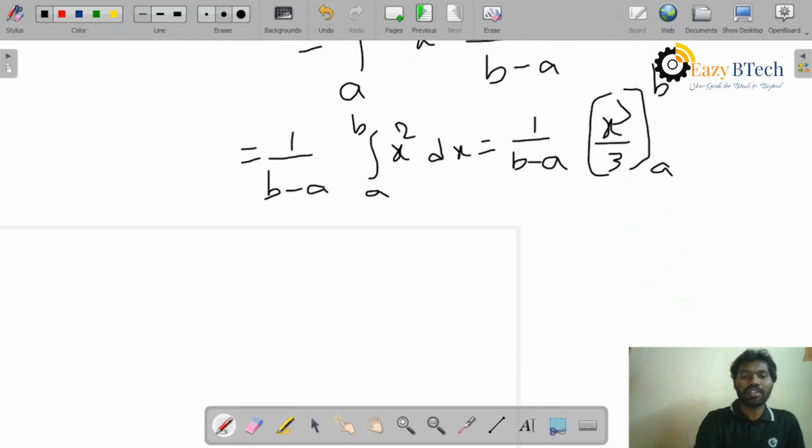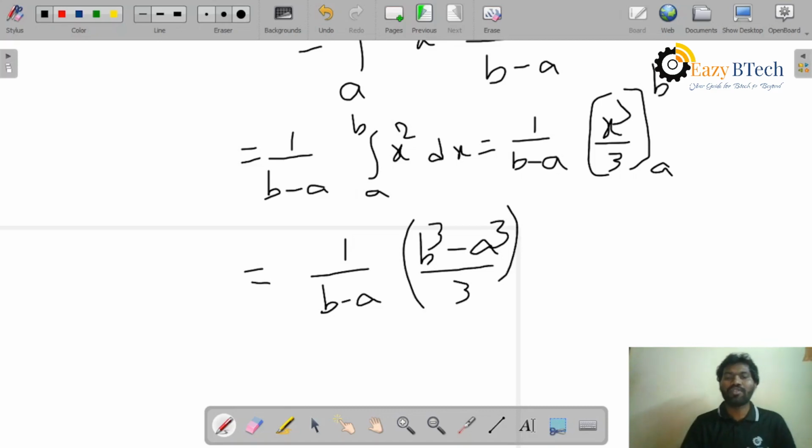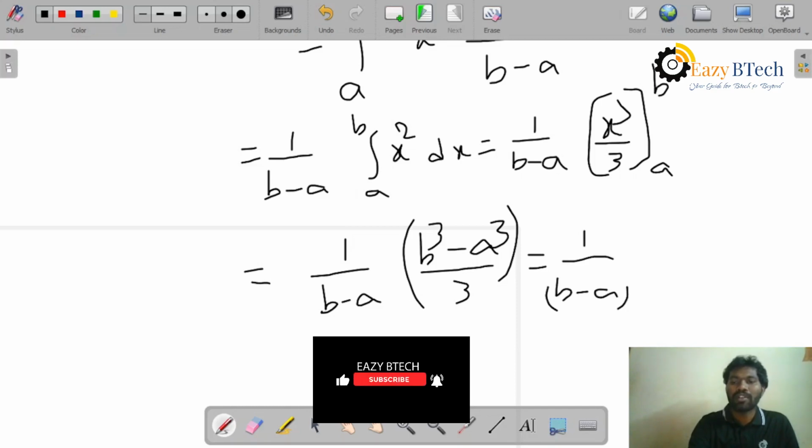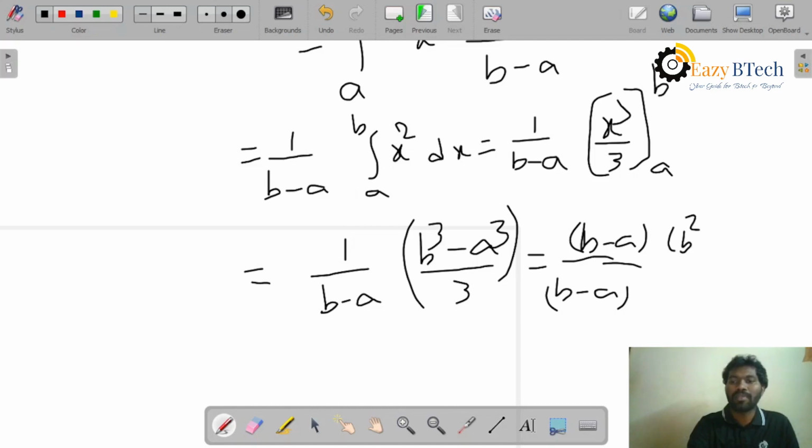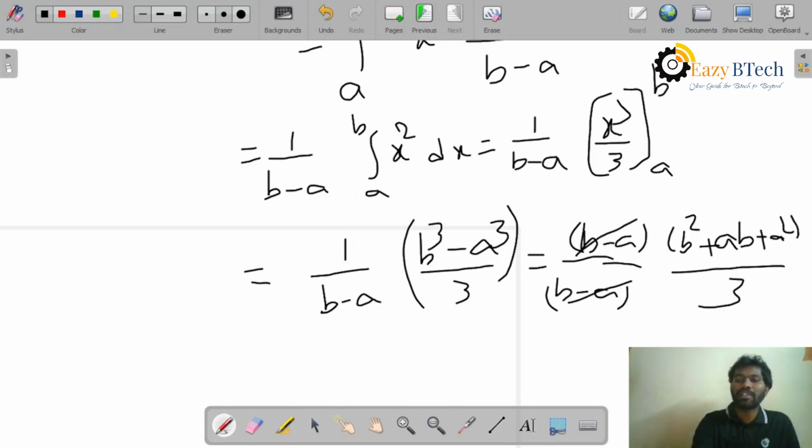After doing this, it becomes 1 by b minus a. Now apply the integral limits: b cube minus a cube divided by 3. If you apply the b cube minus a cube formula, it becomes 1 by b minus a into b minus a into b square plus ab plus a square divided by 3. b minus a gets cancelled.